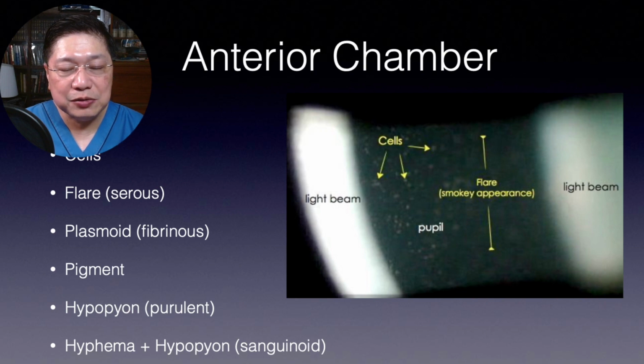So that gray area in between is the anterior chamber with the light passing through, showing you what is floating inside. What you can see is the cells, the small white dots, and the flare, the smoky area. It looks like smoke. When you see smoke and you shine a light through it, you will see something floating in the smoke, not just the smoke itself.